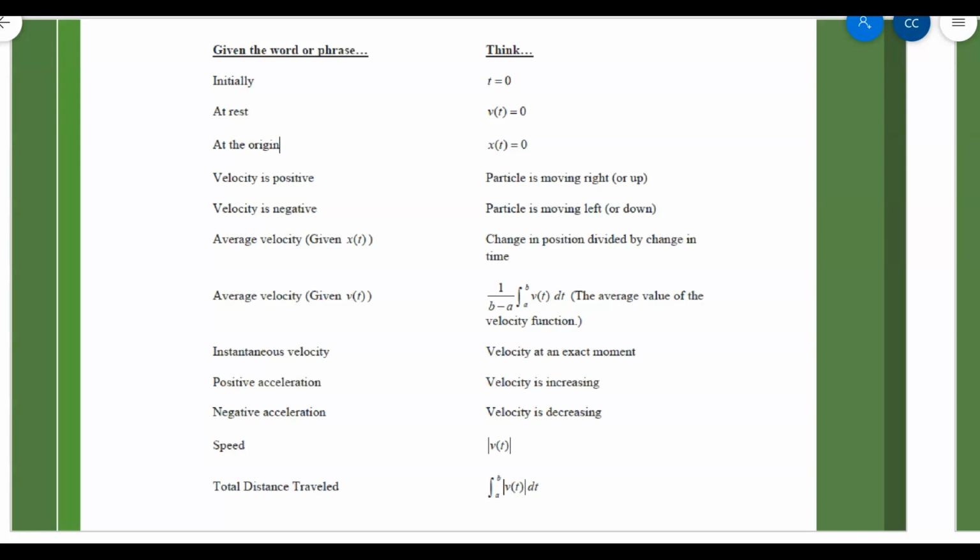A positive acceleration means velocity is increasing. A negative acceleration, velocity is decreasing. And again, we talked about speed being the absolute value, and total distance is actually the integral of speed, or the integral of the absolute value of velocity.